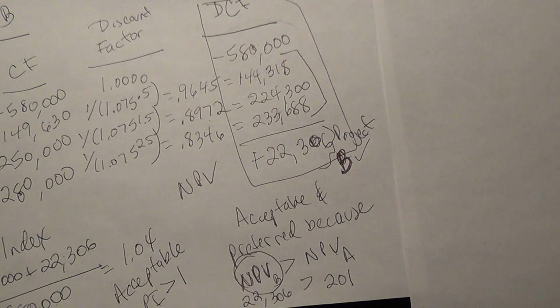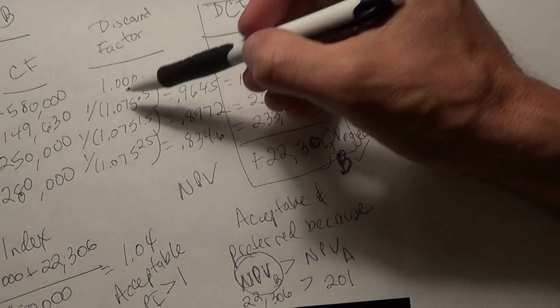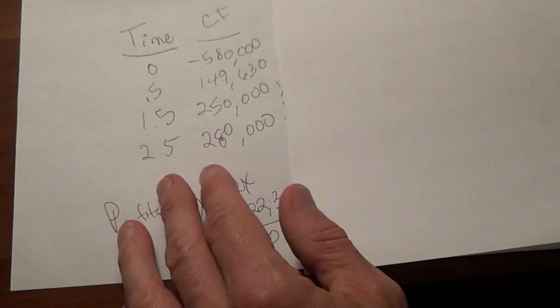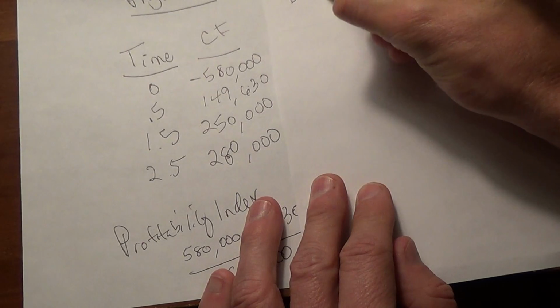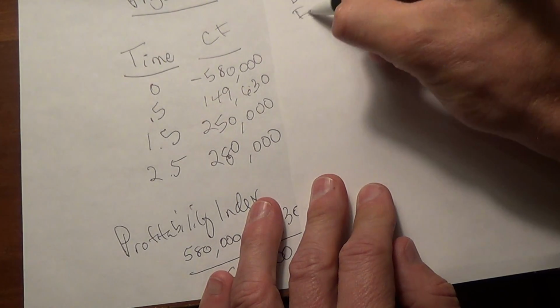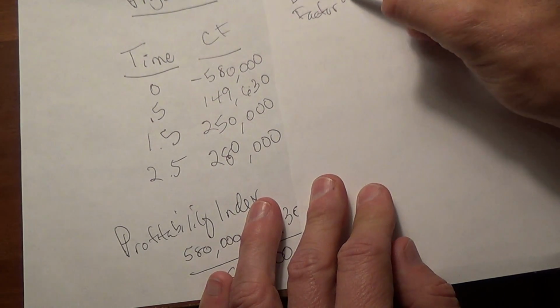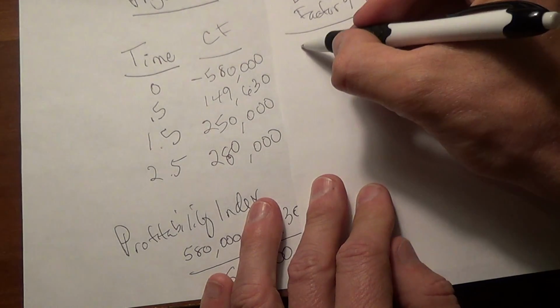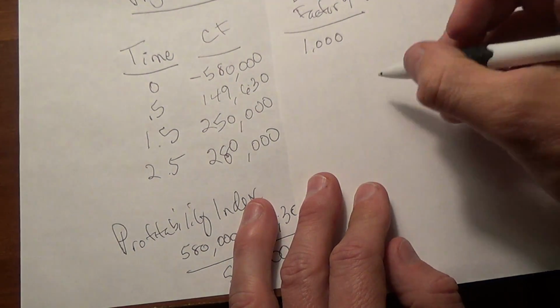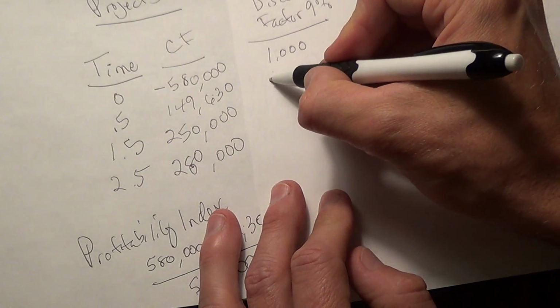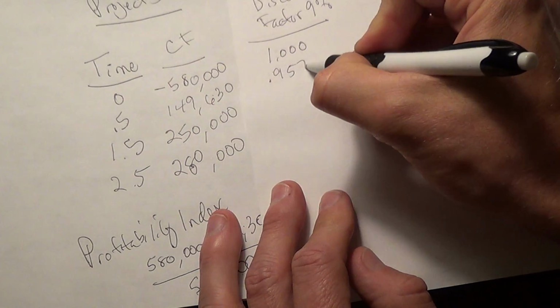So we're going to do the exact same exercise that we did in question A, but we're going to use different discount rates. Since 7.5% is too low, let's try 9%. Here we'll say that our discount factor with 9% is going to be obviously 1.000 for the first one, and then the discount factor here is 0.9578.